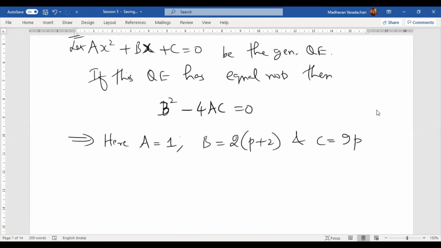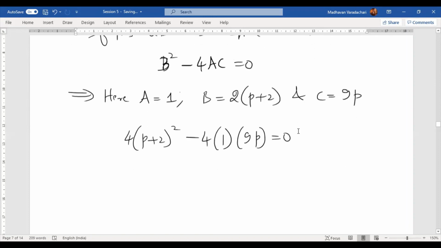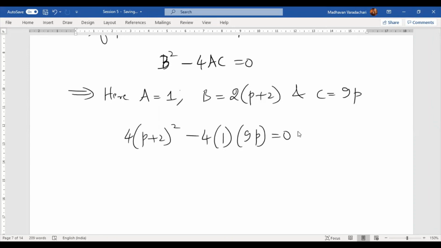Now, if the quadratic equation has equal roots, this should be satisfied. What is that? B square means 2 times p plus 2 the square, that is 4 times p plus 2 the square, minus 4 times a, which is 1, and then 9 times p should be equal to 0. First of all, I can divide both sides by 4.